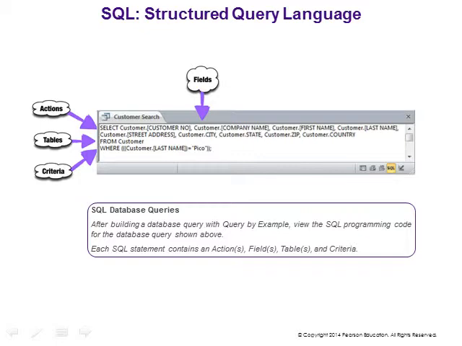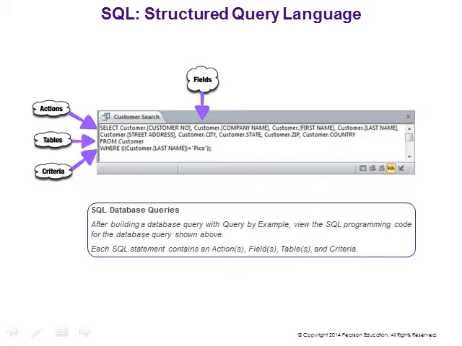An action, so for a query, the action is select. A field, and that indicates the fields. As you recall, we talked about fields and records and tables, right? So the fields to be extracted are specified. Then tables, identifying the tables that will be used in the query, are specified.